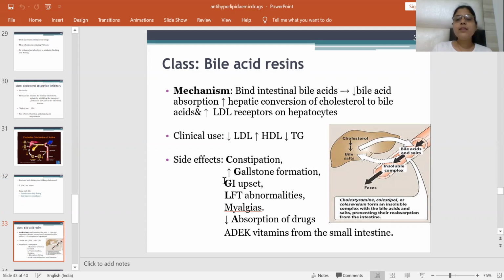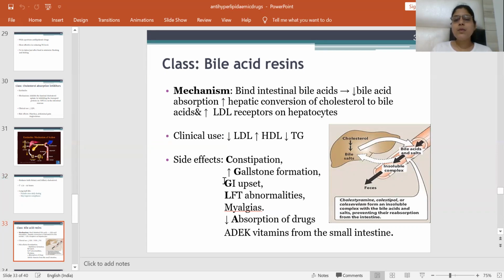Now, these resins bind intestinal bile acids, decreasing bile acid absorption and increasing hepatic conversion of cholesterol to bile acids, and thus LDL receptors will increase on hepatocytes, which will lead to increased uptake of the LDL from the blood into the liver, leading to decreased LDL in the circulation and increased HDL and decreased triglycerides.